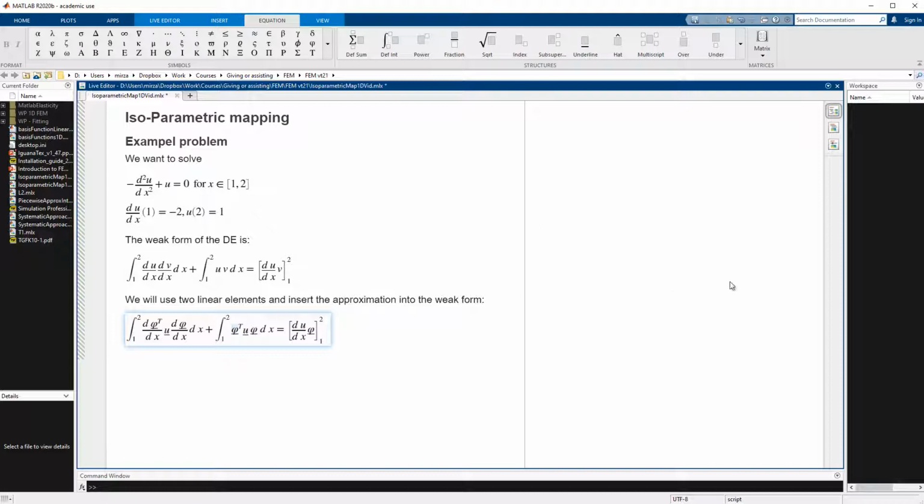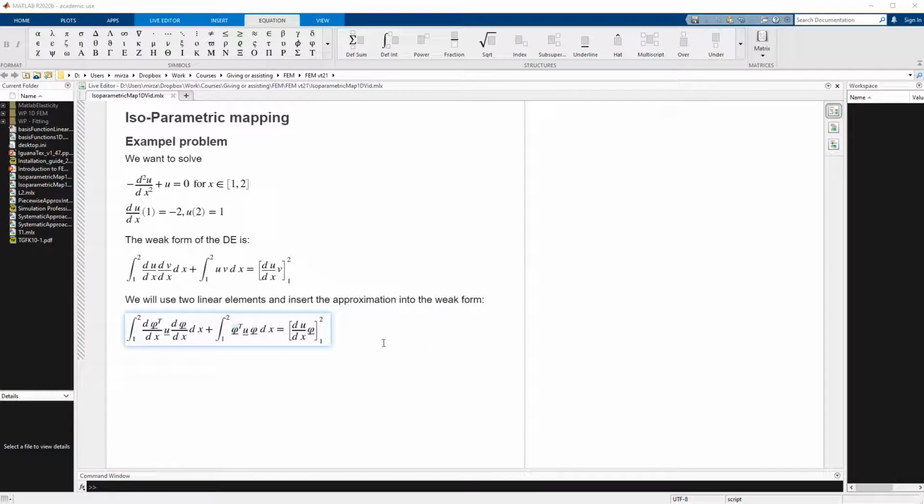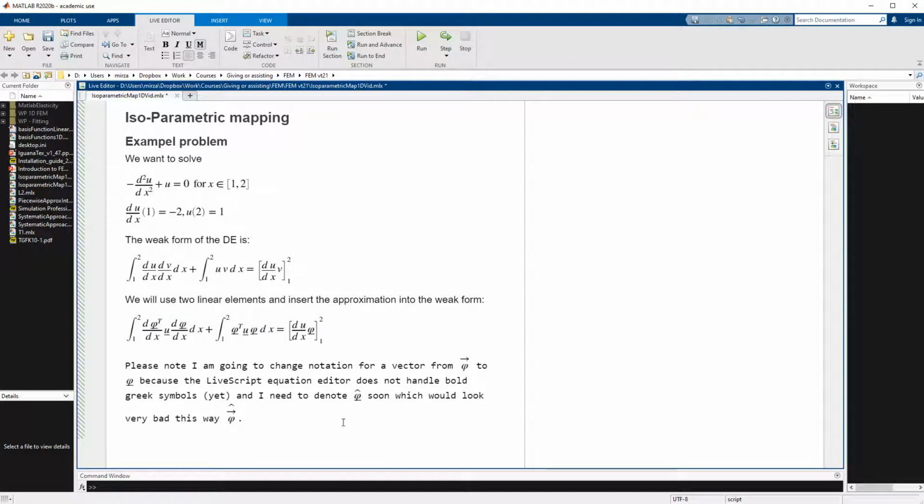Now, notice I have actually changed notation, and I need to do that. So I'm going to write it here. I'm changing from the vector notation you have seen before to this slightly different notation. Usually when I write on a whiteboard, I denote vectors like this anyway.